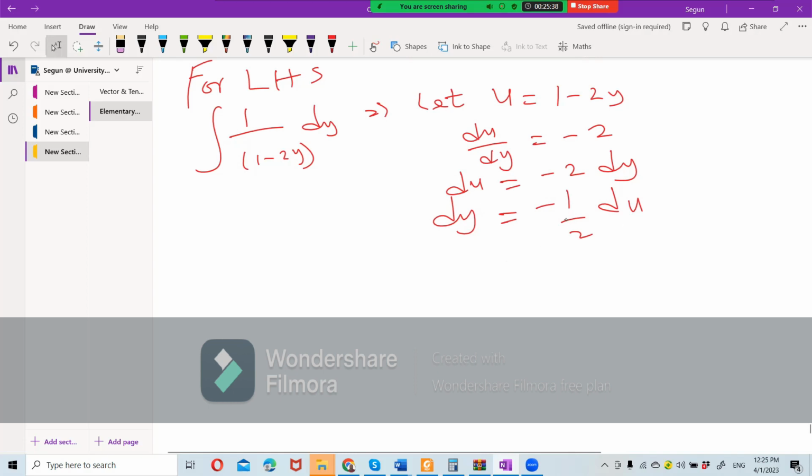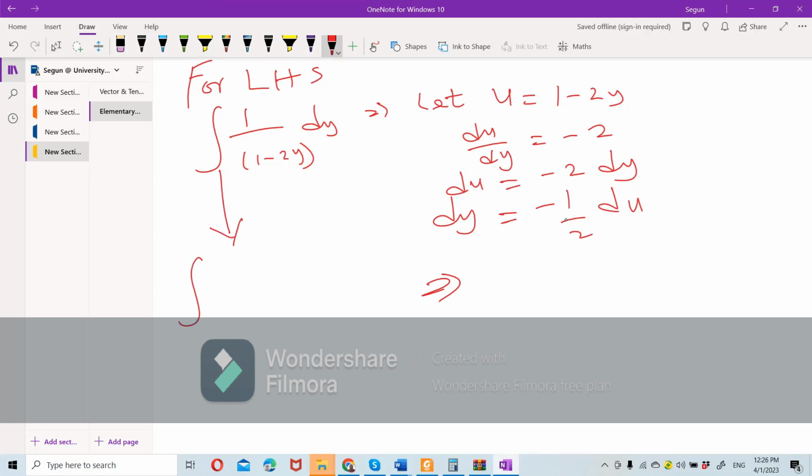So it's going to be, remember that the general equation says 1/u multiplied by dy.